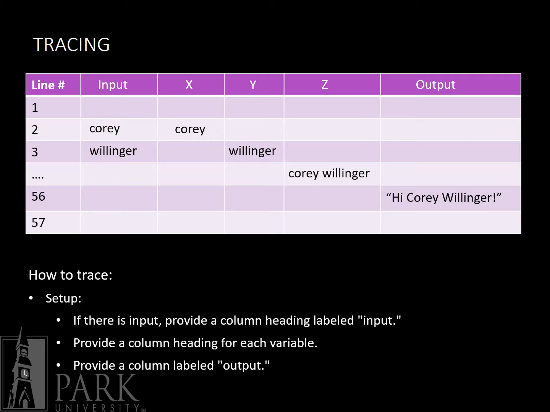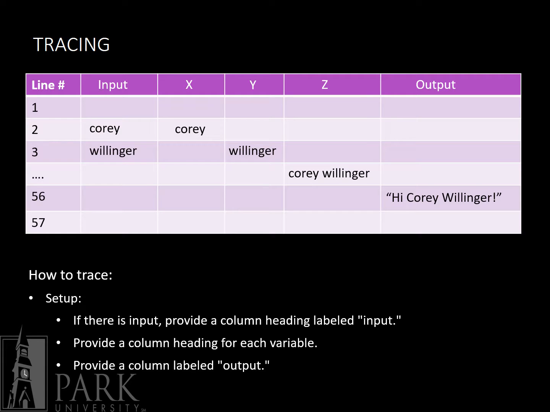Now, some points on this: if you loop, you just repeat the line numbers. So you don't pre-fill the line numbers, you enter the line numbers as you would execute them in the code. You go through line by line, and you don't actually run the program. You chart this out, and you execute the program like you would if the computer was actually doing it. So you say line 1, okay, it does nothing.